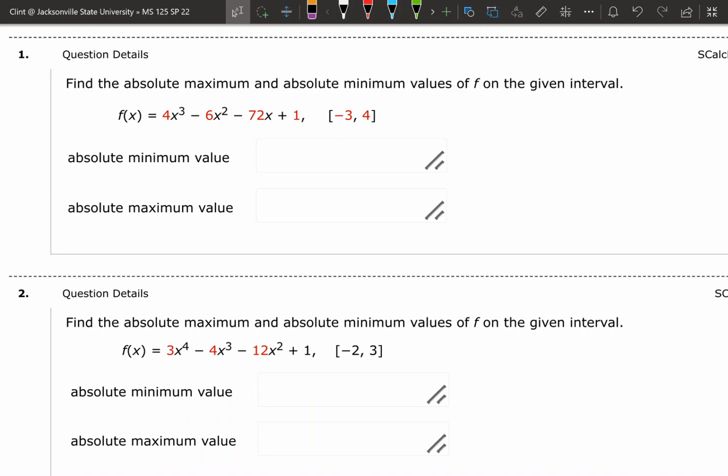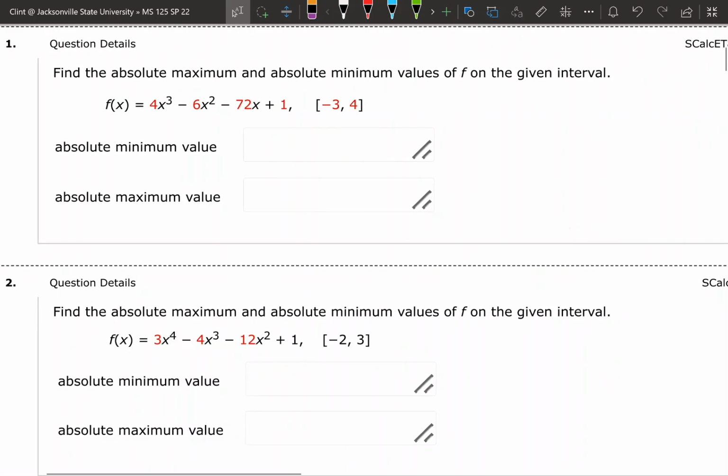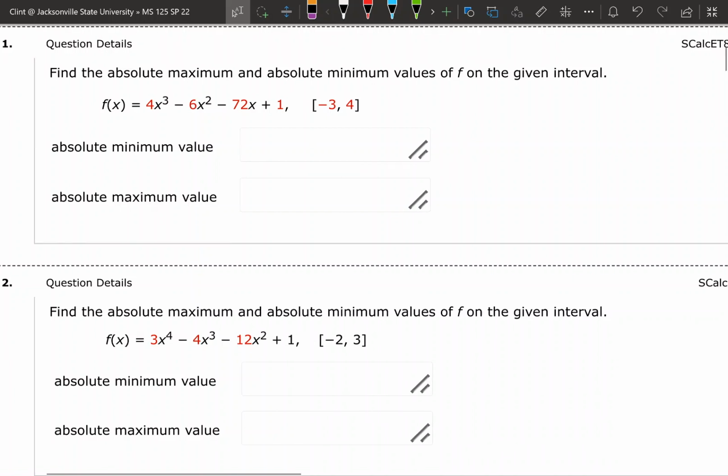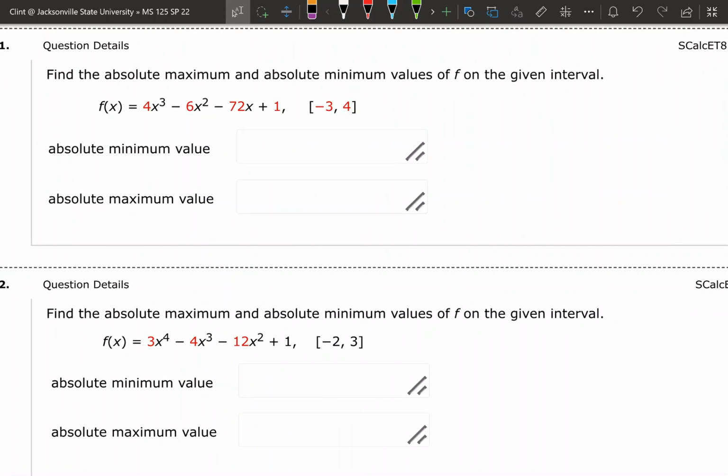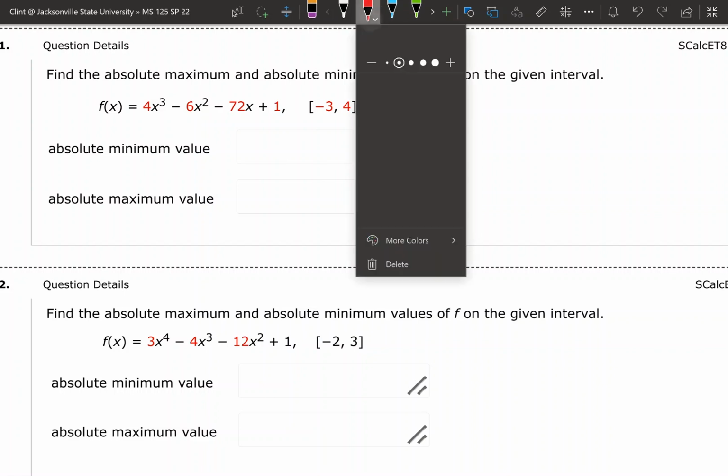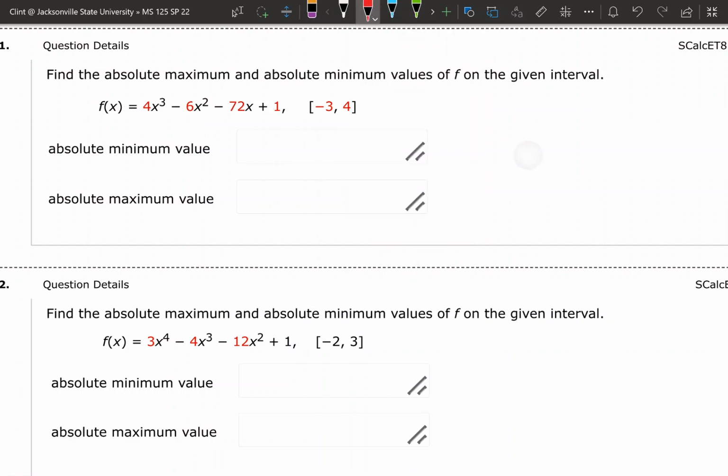We know that if we have an absolute maximum or absolute minimum, it has to occur either where the derivative is 0 or undefined, so at the critical numbers, or at the endpoints. And so our first thing we need to find is the derivative.